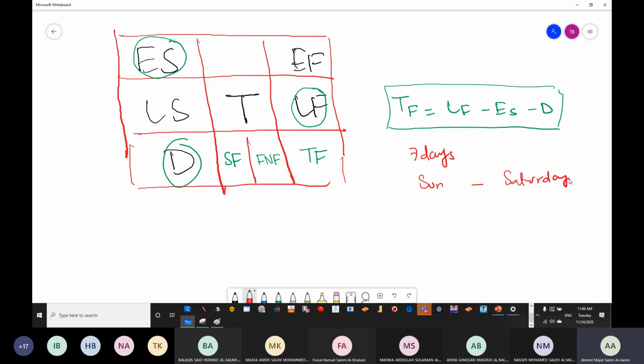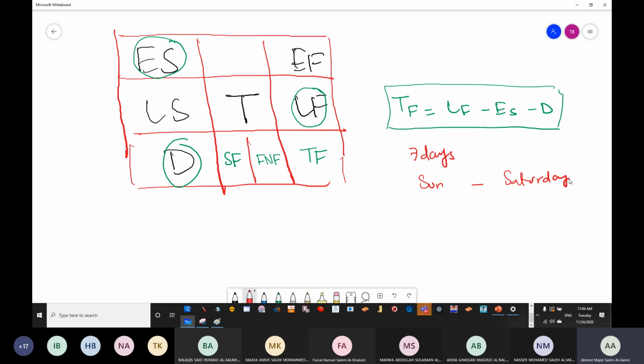It can be Sunday, Monday, Tuesday, or Sunday, Tuesday, Thursday, or Sunday, Thursday, and Saturday. Any 3 days within the week. The total time I have is 7 days, and according to my plan, I require 3 days to study. These 3 days can be consecutive or any 3 days.